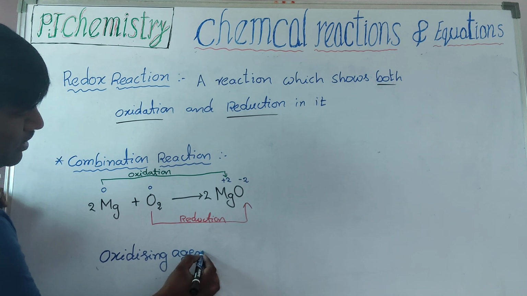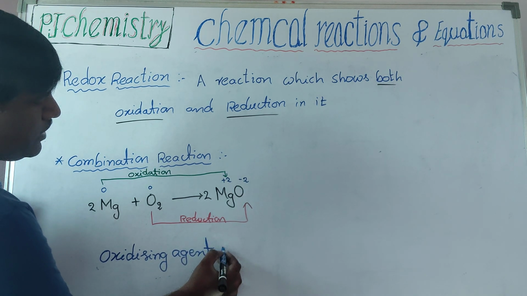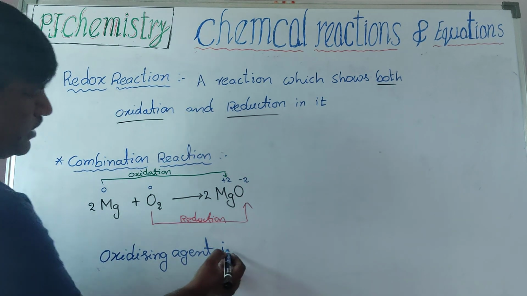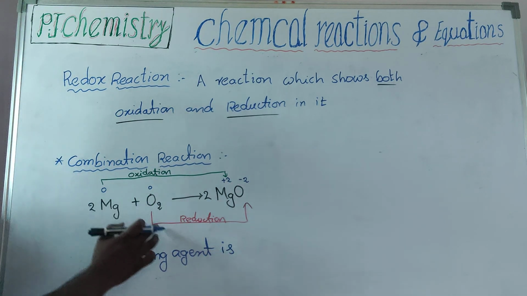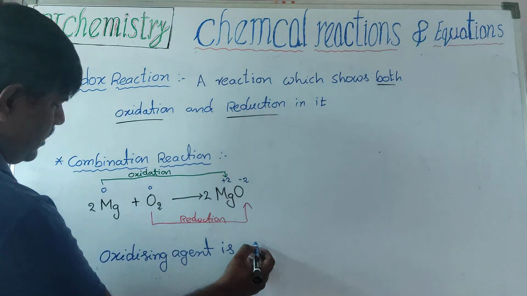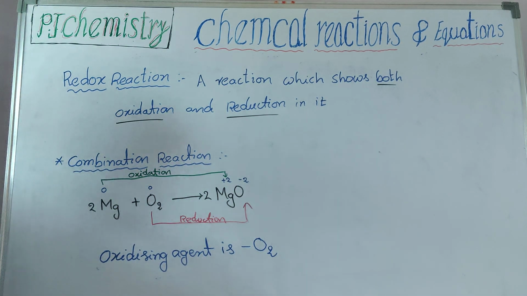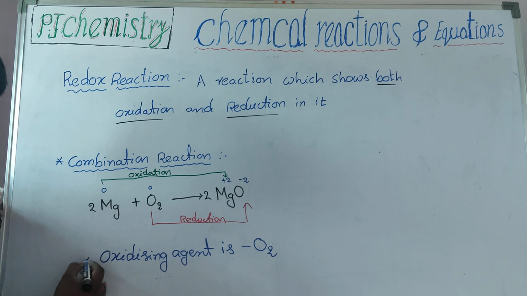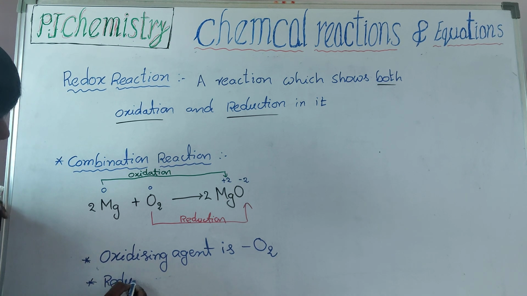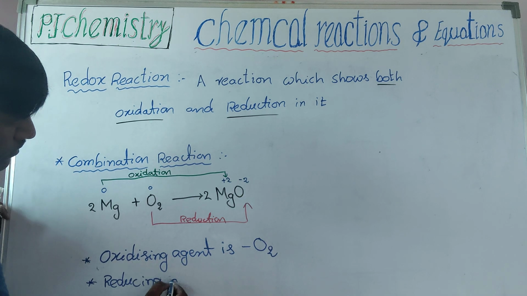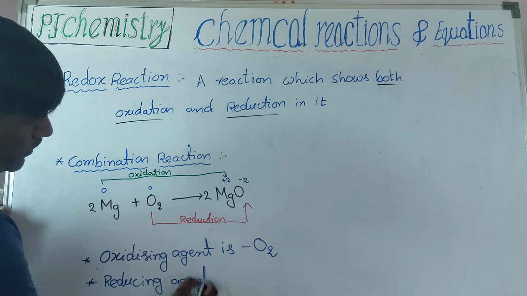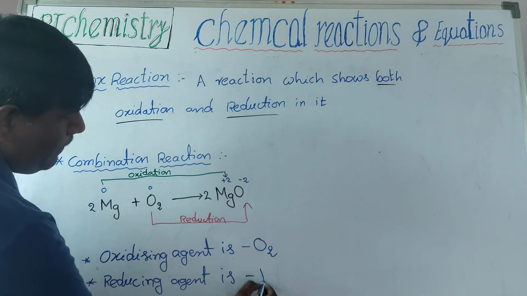Here oxygen is reduced, so it is the oxidizing agent. Oxidizing agent is O2. Then can you say the remaining? Reducing agent is magnesium.